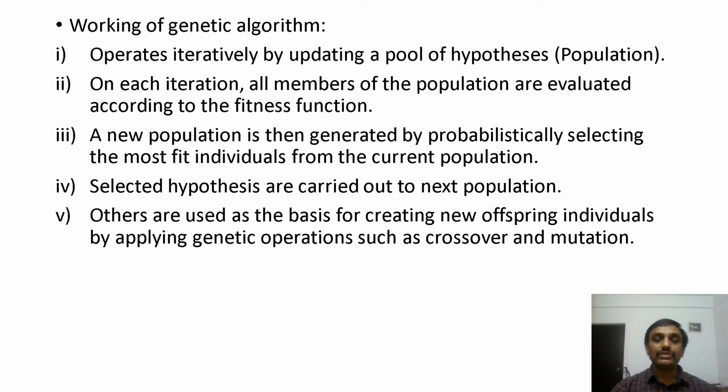Out of these most fit individuals, some are selected and carried over to the next population. Others are used for creating new offspring individuals by applying crossover and mutation operations. Here we have to discuss these crossover and mutation operations.